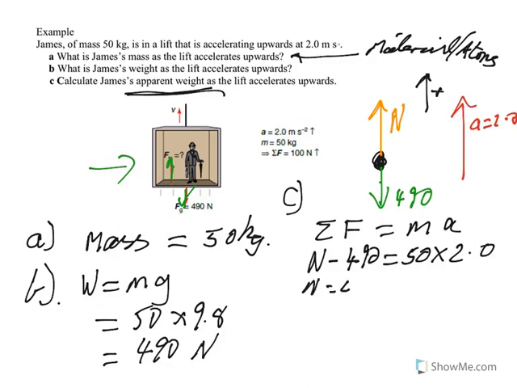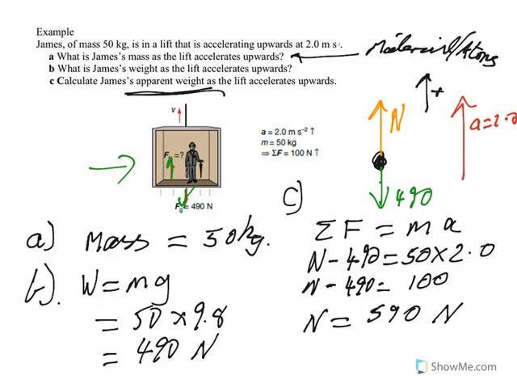So normal reaction minus 490 equals 100. Add 490 to both sides, and the normal reaction, or what James feels in his feet, is 590 newtons.